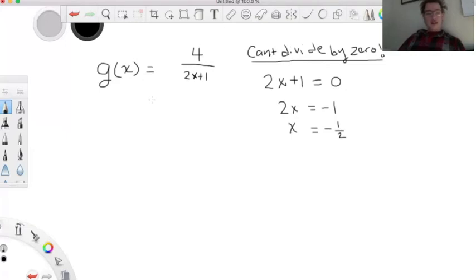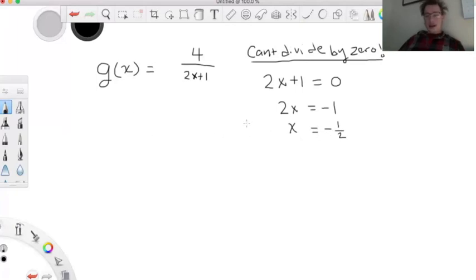All right, so in finding the domain of the function, we want to find all of the x's where this is defined and exclude those x's where it's undefined. And we only have one of those.